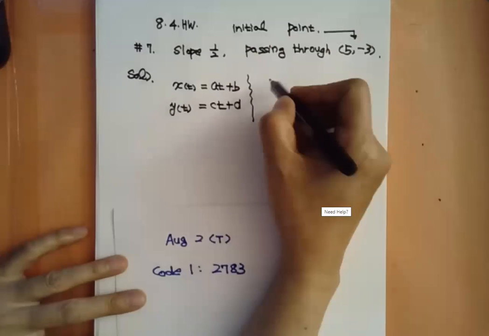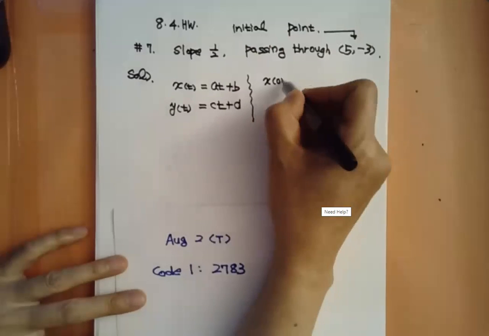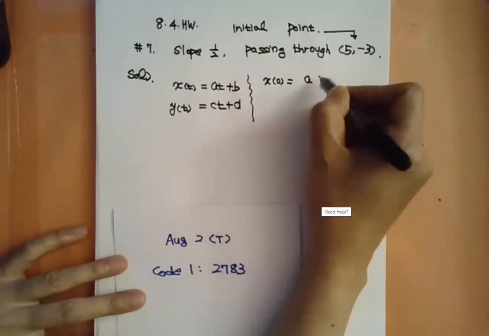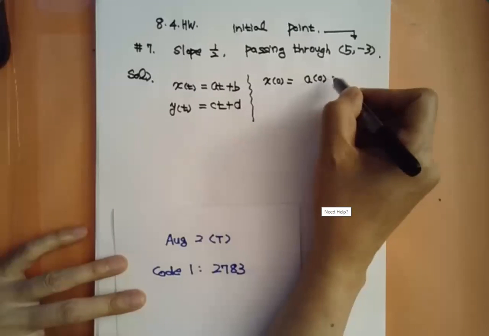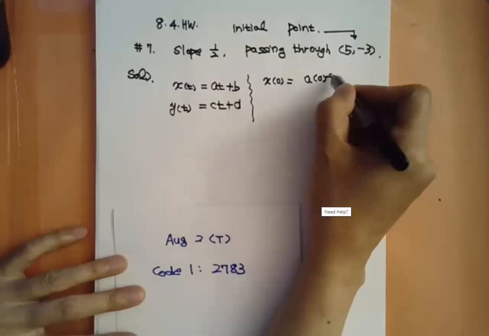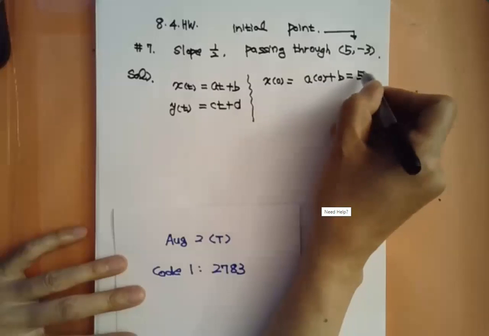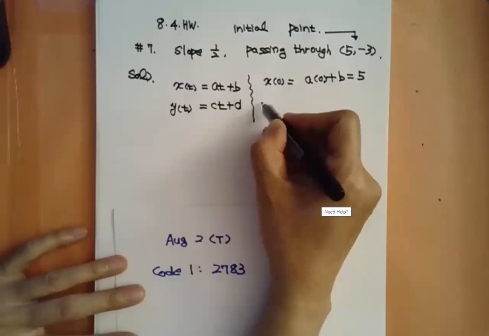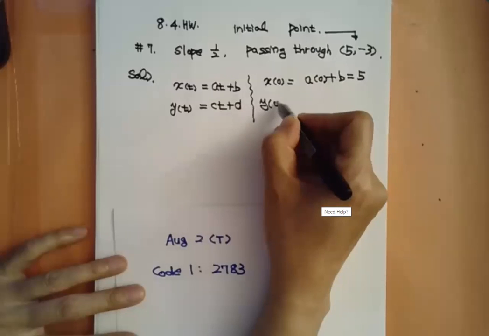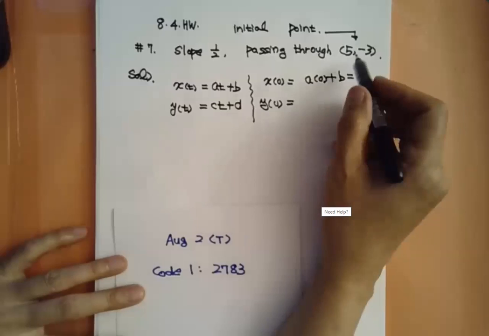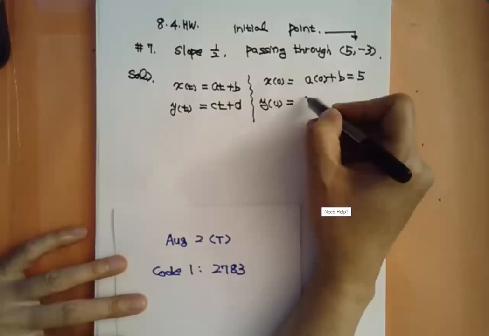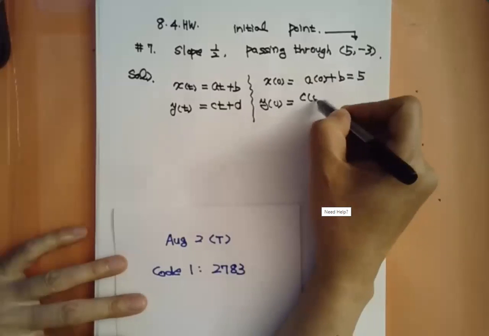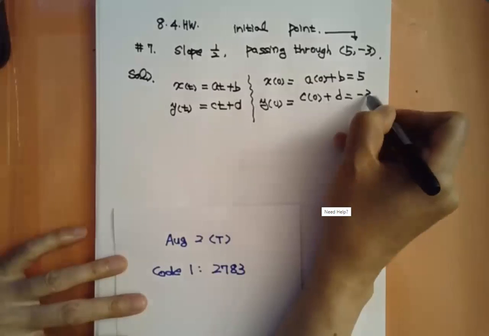That means we assume that x of 0 equals a times 0 plus b. That becomes this coordinate. And when the time is 0, we assume that the coordinate is 5 and minus 3. So c times 0 plus d equals minus 3.